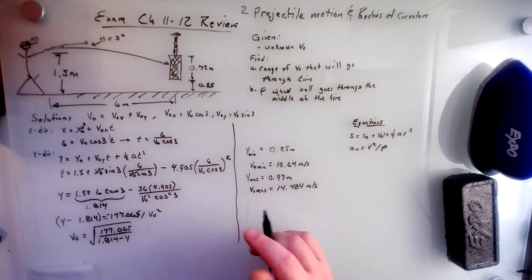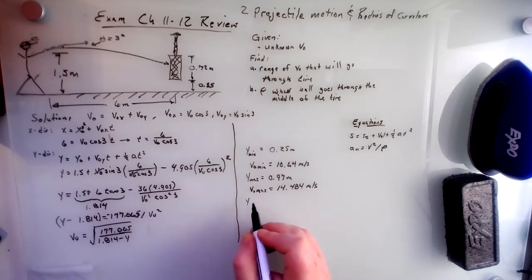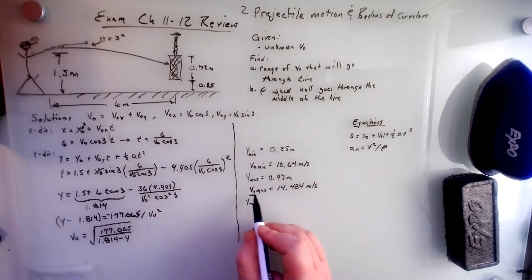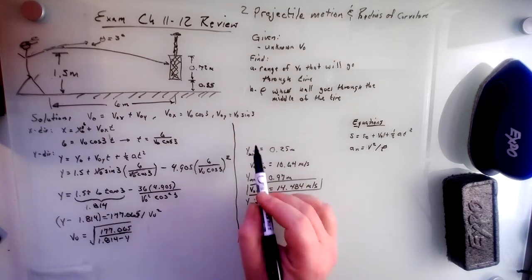So the y mid, right? So right in the middle, because we want the range, right? So the range is going to be between these 2 values.